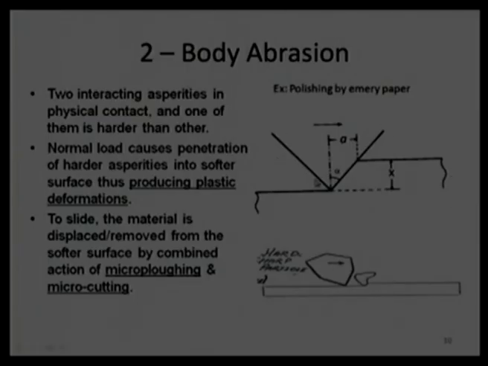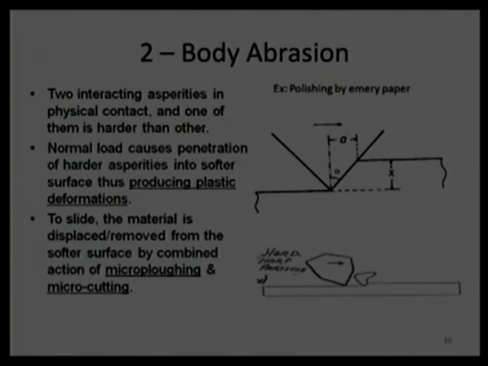So, in this case we can take a conical asperity where the half cone angle is alpha, and the depth of penetration is occurring at the radius a, as it is conical. So, wherever the interaction happens, there will be a circular cross section, and that circular cross section will have some radius. We are talking about that radius as a, and this will occur whenever we load a harder component against the softer component.